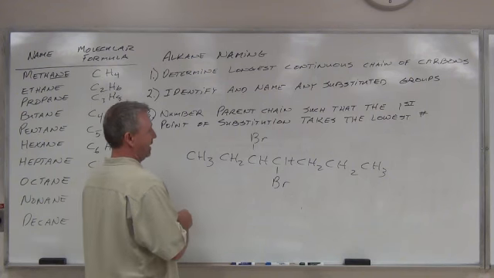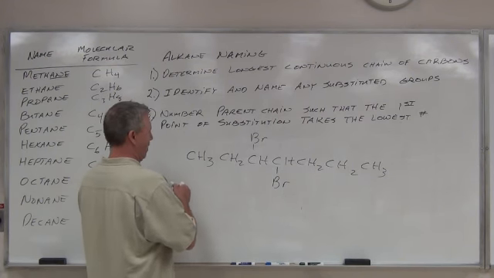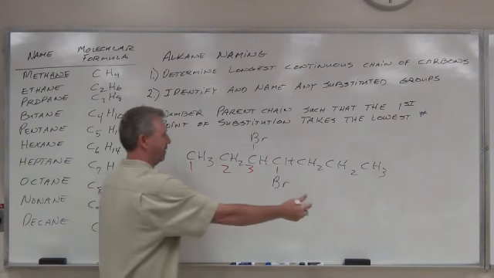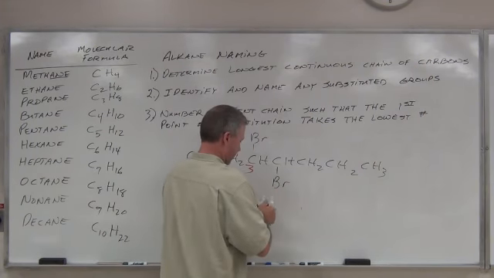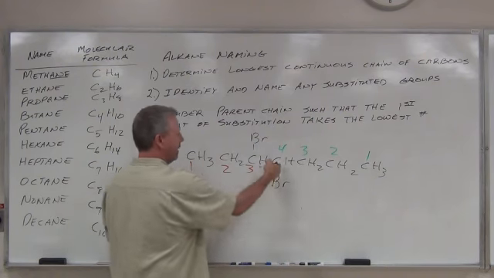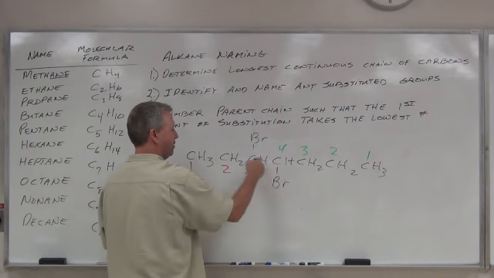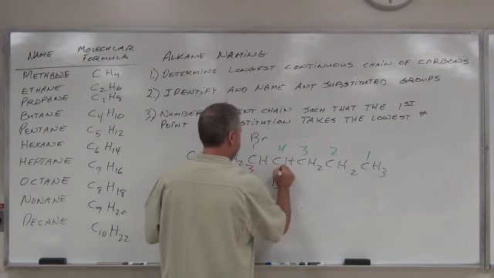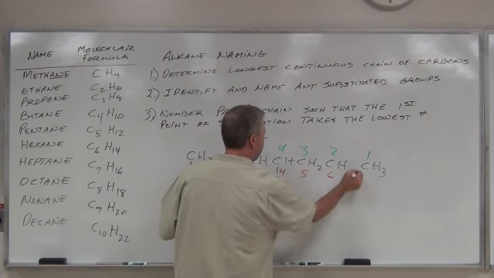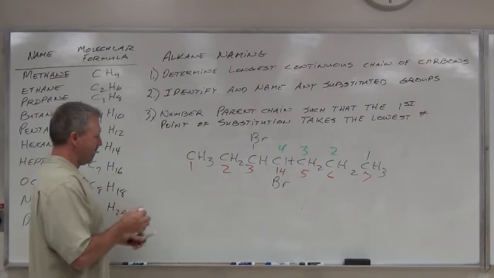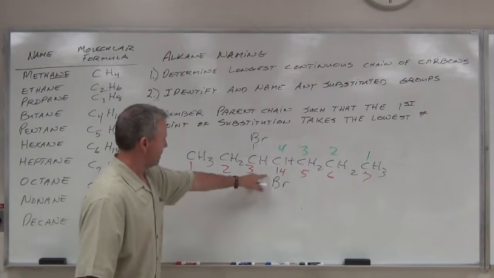Number in our chain. You look, you say, which way am I going to go? 1, 2, 3. I can stop. I don't have to go any further. 1, 2, 3, 4. If I go this way, my first substitution is at 4. This way, it's at 3, left to right. I have 2 bromines.